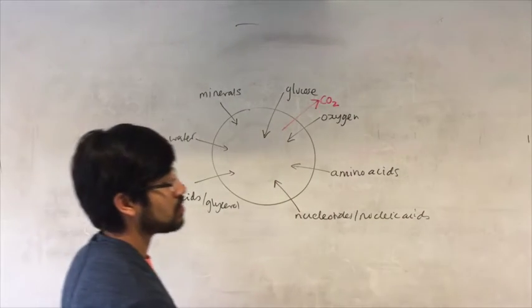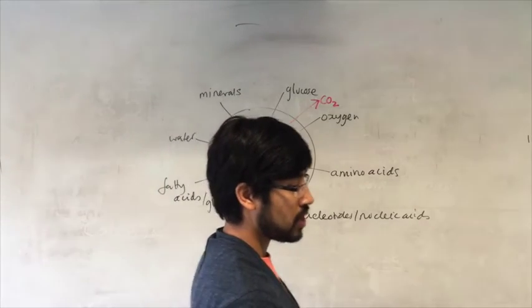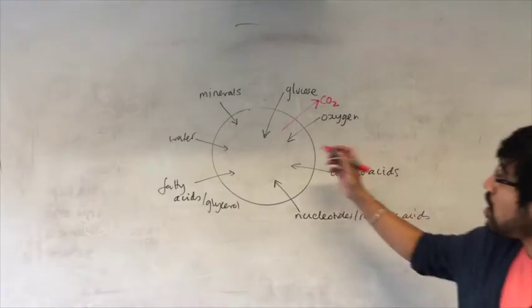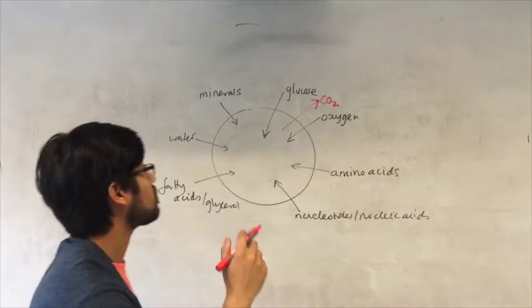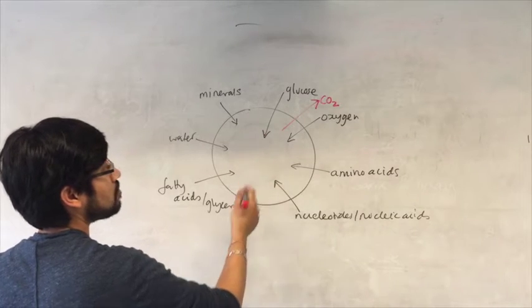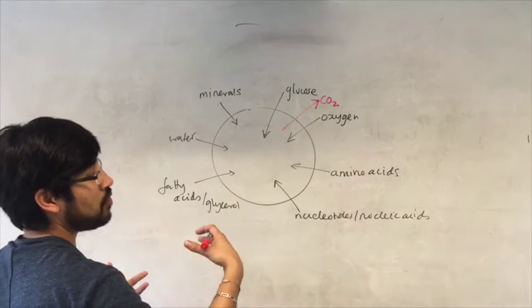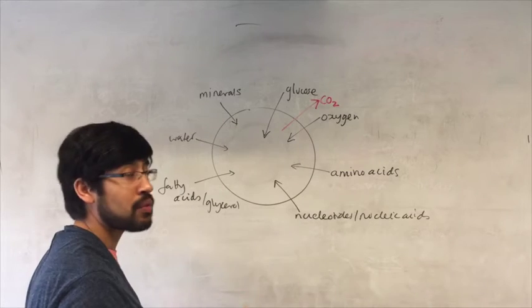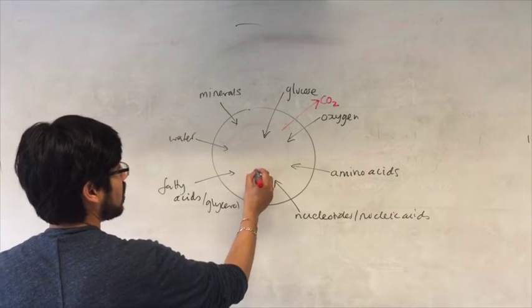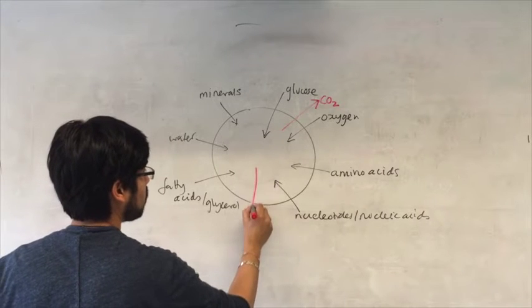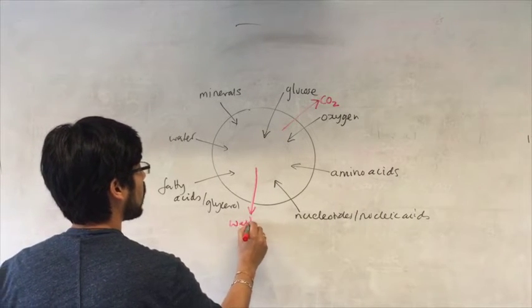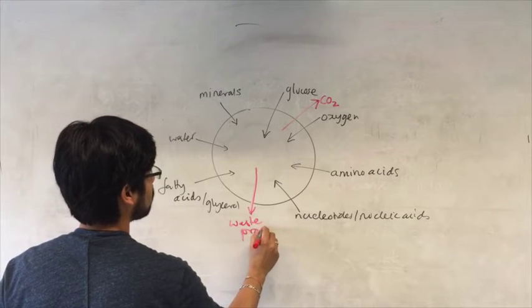Okay, that we need to get rid of. We also need to get rid of other wastes from metabolic reactions, things like nitrogen containing compounds. They need to be removed from the cell, we can't let them build up. So excess nitrogen containing compounds are also removed from the cell. You can call them waste products as a general thing.